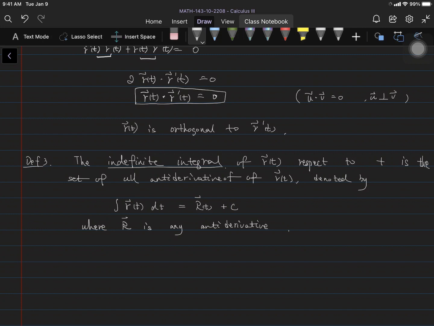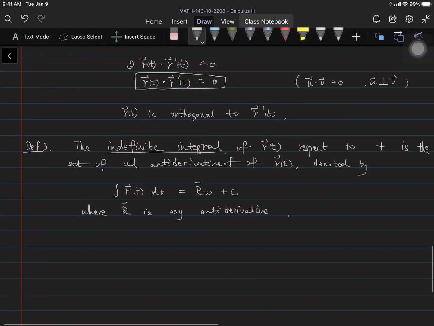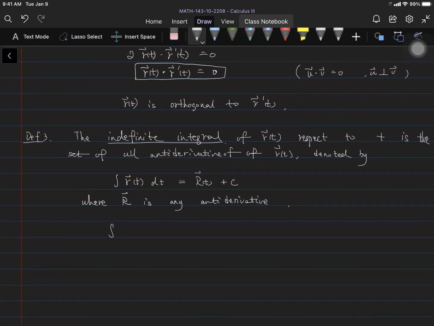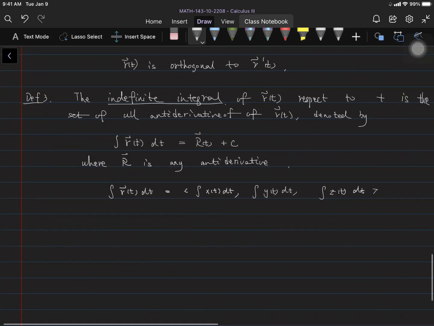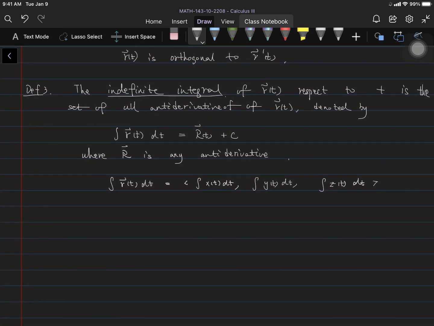The calculation of the integral of r(t) dt is just the calculation of each component function: the integral of x(t) dt, the integral of y(t) dt, and the integral of z(t) dt. Now let's take a look at the example.